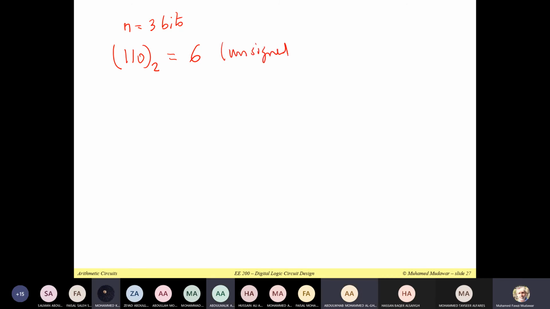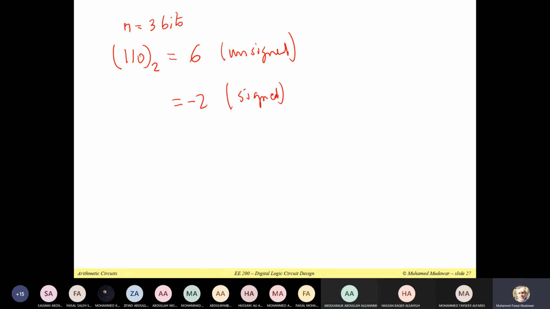So if n is equal to 3 bits, and the number is 110 in binary, what will be its decimal value? If it were unsigned, it will be 6. But if it was actually signed, it will be -2. That will be the signed value.